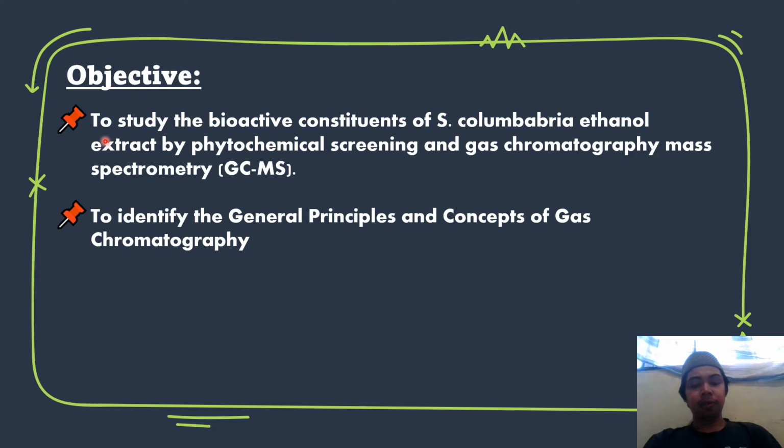The objective of this project is to study the bioactive constituents of Scabiosa columbaria ethanol extract by phytochemical screening and gas chromatography mass spectrometry, or we call GCMS. And next, to identify the general principle and concept of gas chromatography.